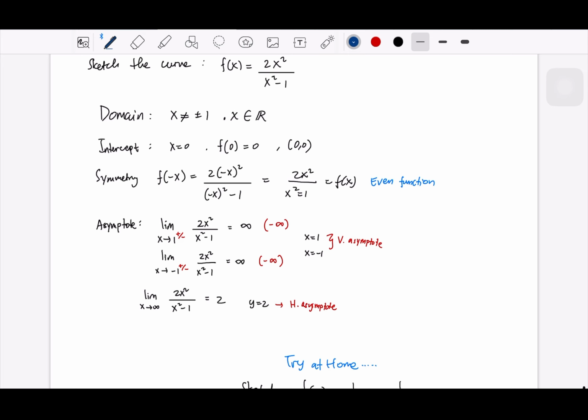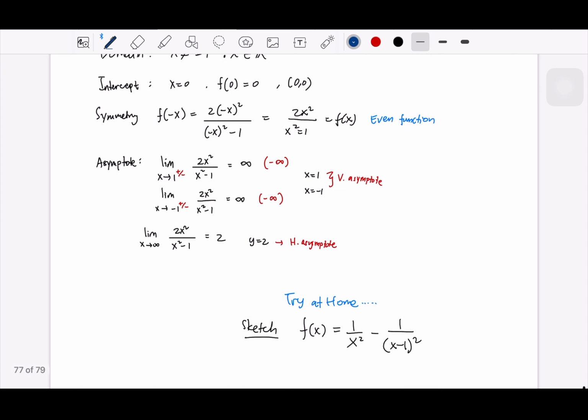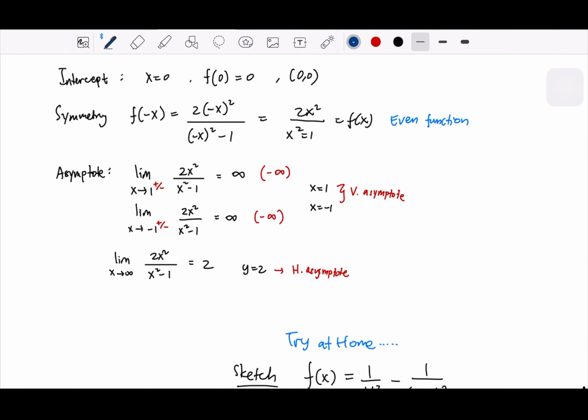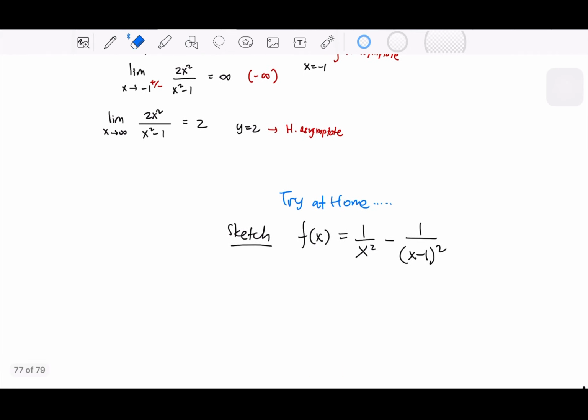The quiz will be chapter 3. Okay, let's continue solving the sketching curve.